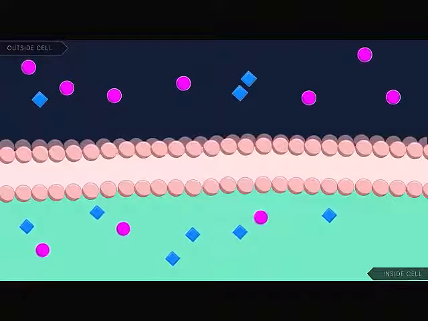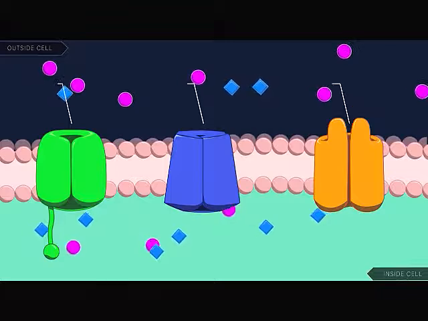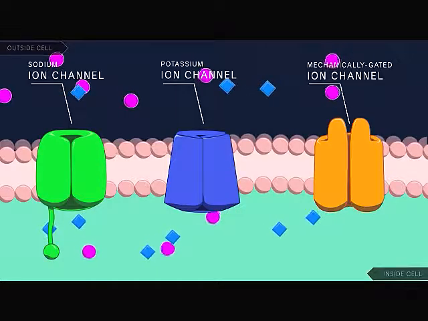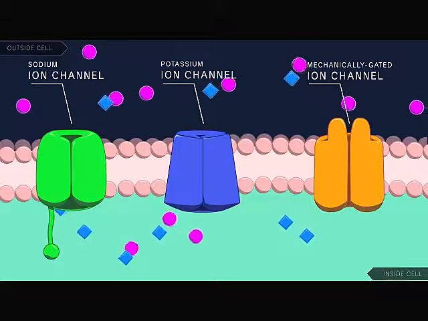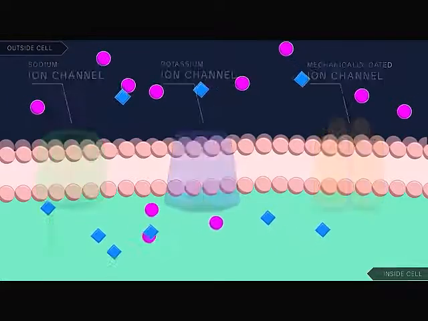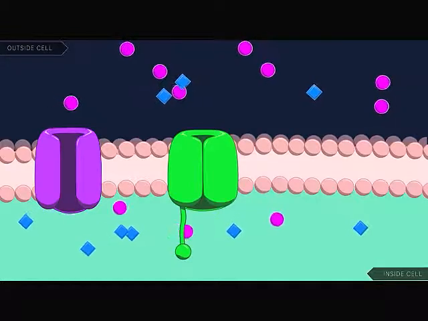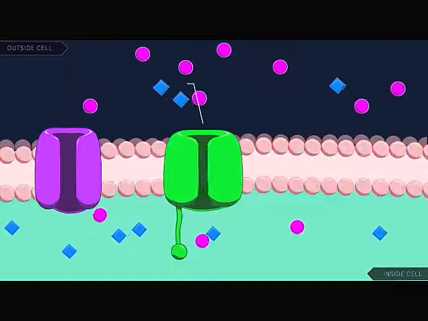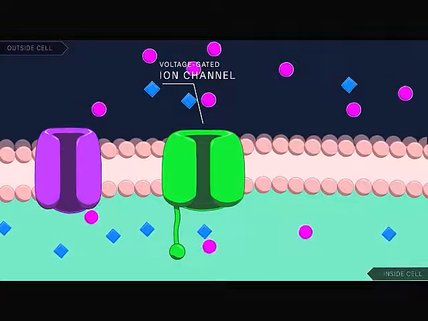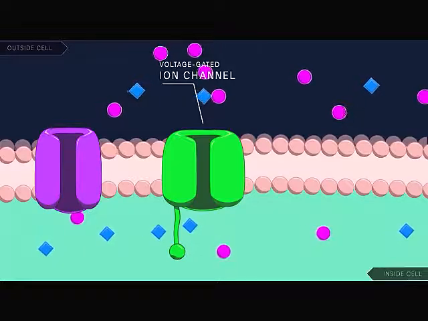So, guys, you have already seen that the natural PD of the neuron is negative 70. That is when, remember, we have a bigger negative inside and a bigger positive outside. The bigger positive is as a result of the many sodium ions outside, don't forget that. But again, the bigger negative is as a result of the organic salts and some chloride ions with a few potassium ions inside the membrane.